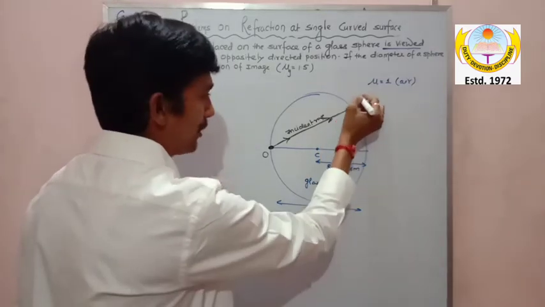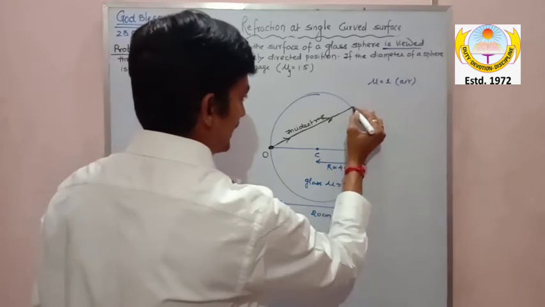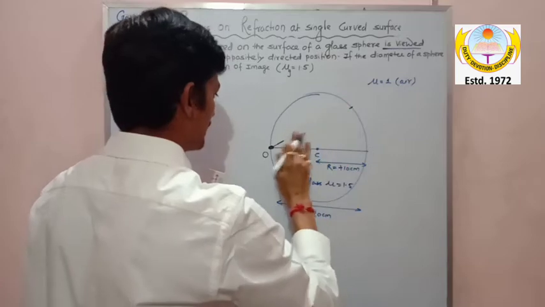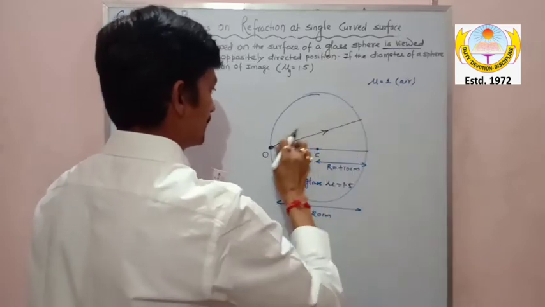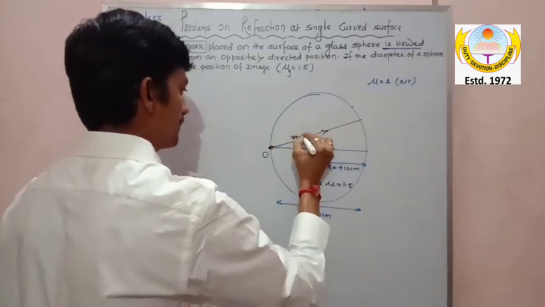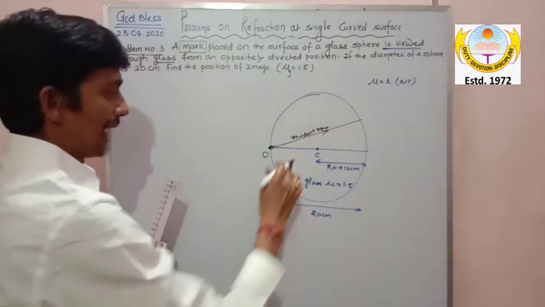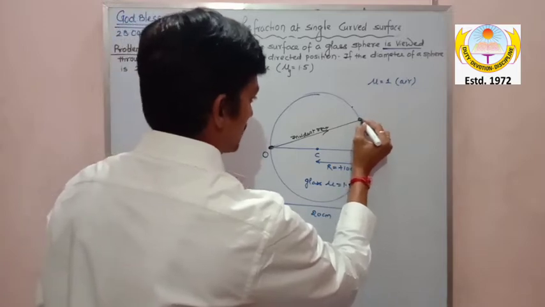So if I draw the normal here on the surface, the refraction takes place like this. This is your incident ray, traveling in glass, and now let the refraction take place like this.